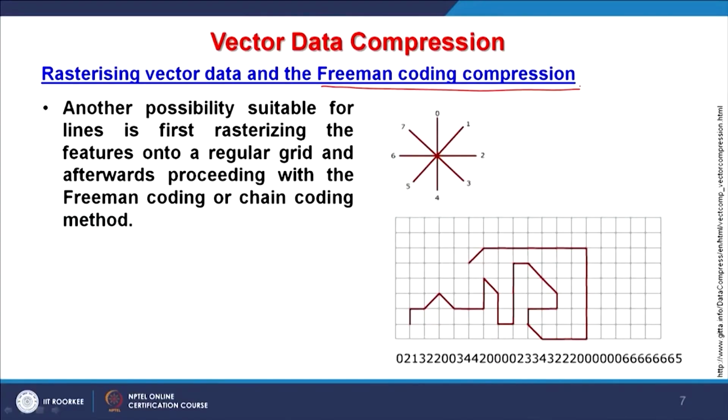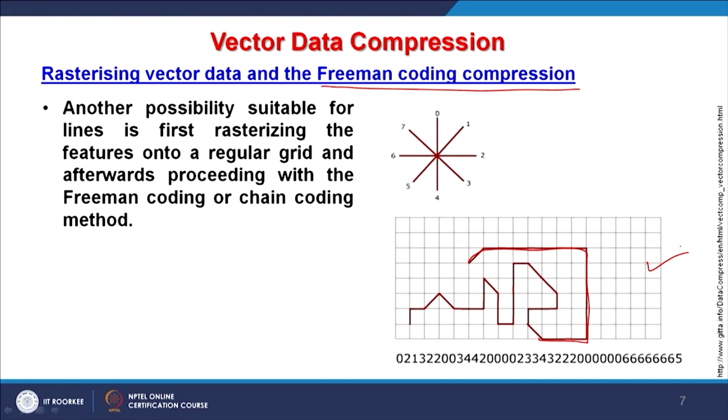The possibility here is to first rasterize the features, that is line features in our discussion, onto a regular grid, as shown here: these are the lines, and in the background we have a raster grid. Afterward we proceed with the Freeman coding or chain coding method.